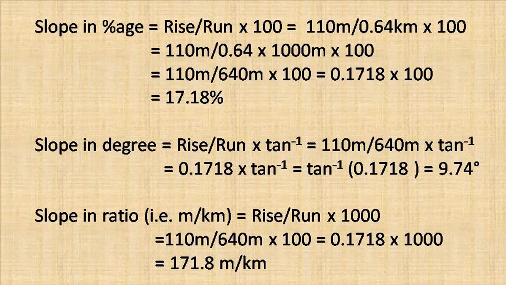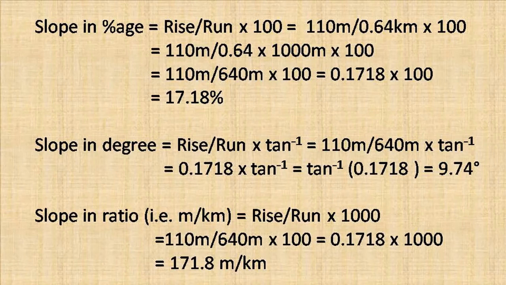So now we take tan inverse of 0.1718. The tan inverse value of 0.1718 is equal to 9.74. So this gives us the value of slope in degrees.